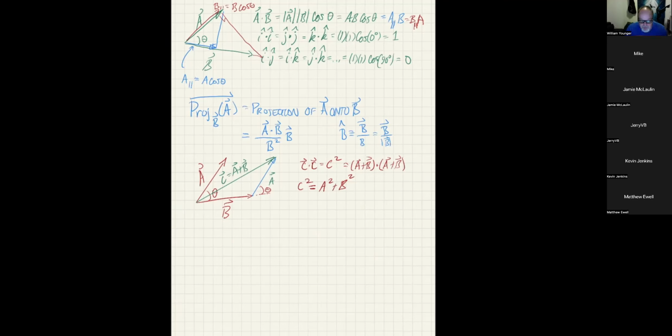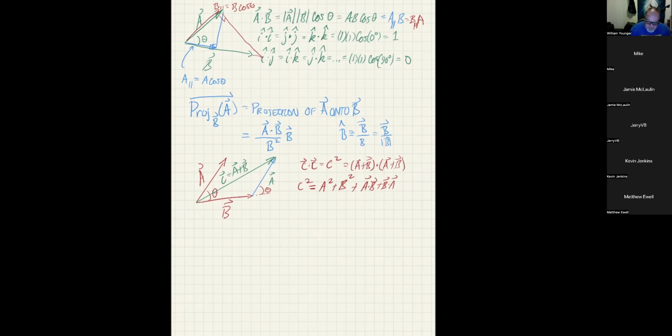So I've now done A and B, but now I need to do A dot B and B dot A. So it'll be A dot B plus B dot A. But you can tell from the formulas before that A times B is the same as B times A. So I can just write a 2 in front of that.